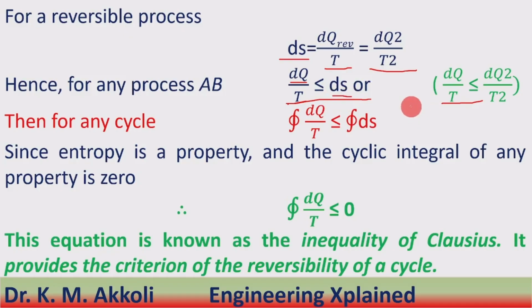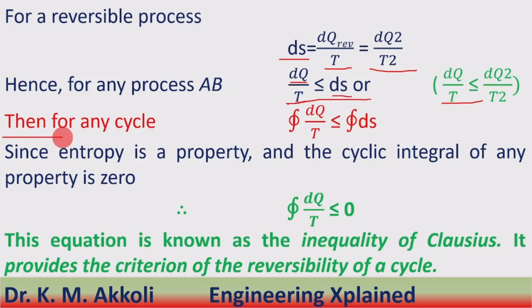Here ds is equal to dq2 by T2, but according to this, ds is less than or equal to dq by T. This is taken for any process.